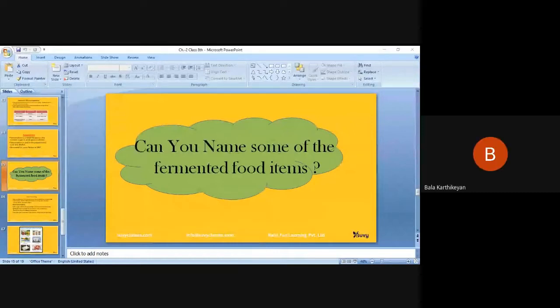Wheat flour, atta. Charan, can you name any of the fermented food items? Cheese. Okay. Good.